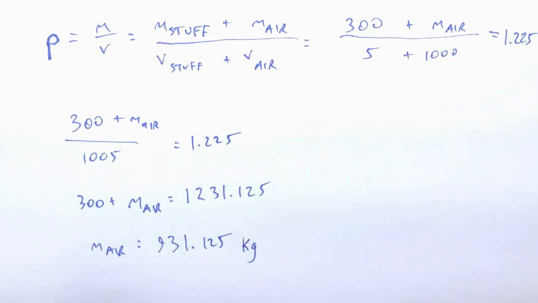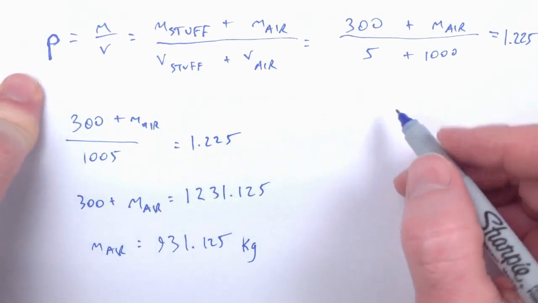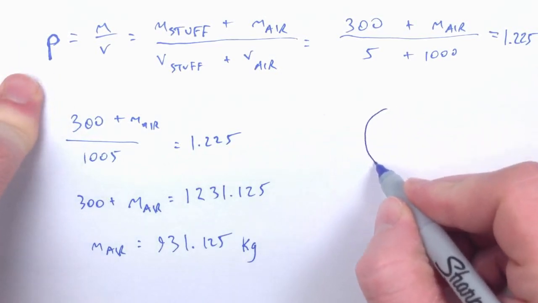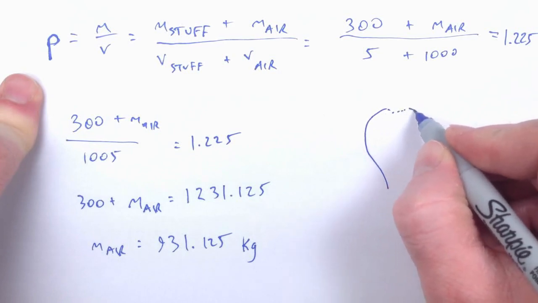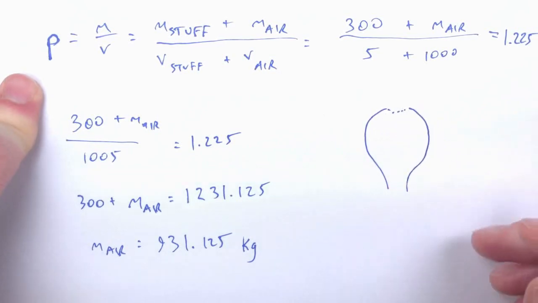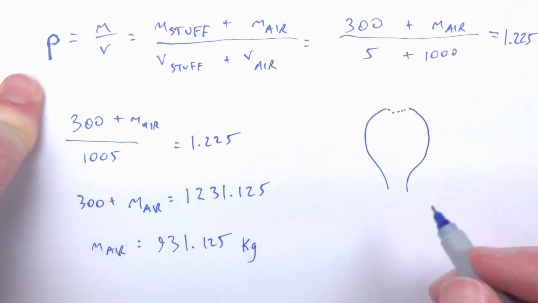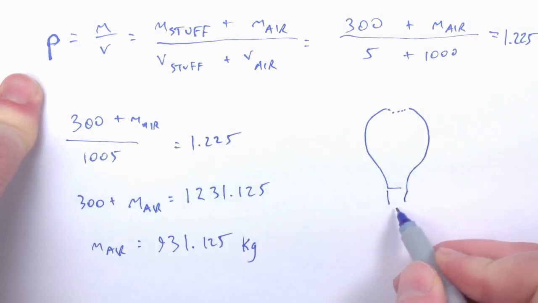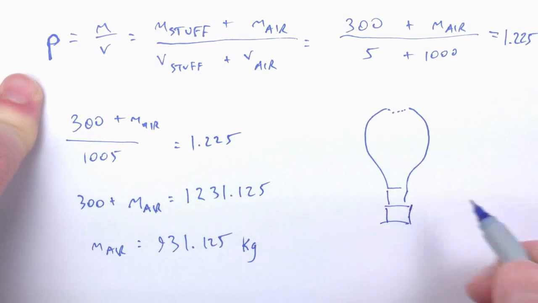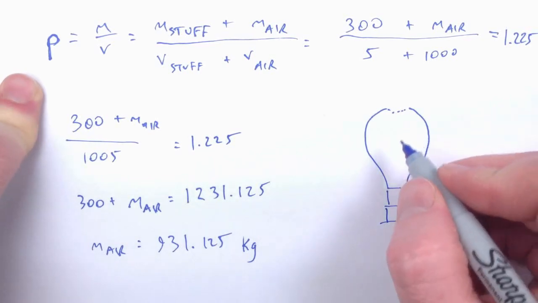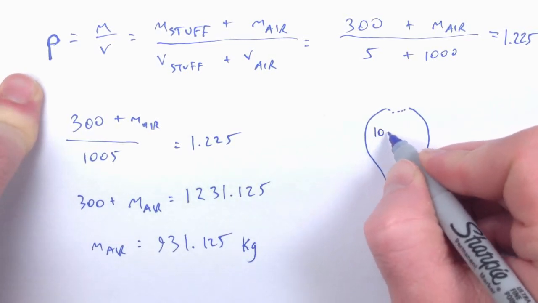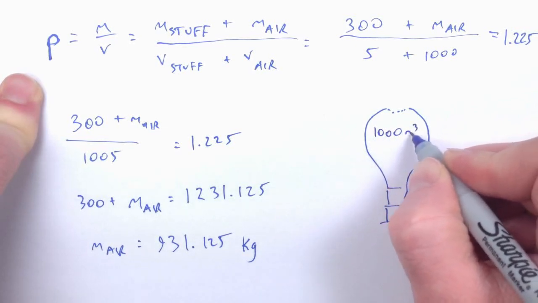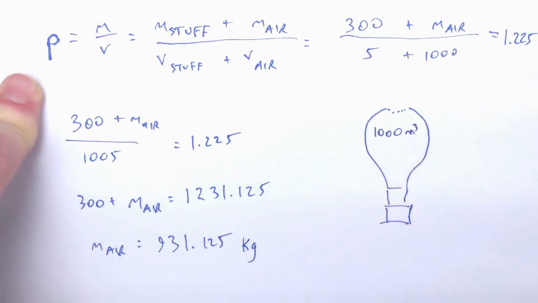Okay, so in order for this balloon to float, I don't know how many times I'm going to have to draw a hot air balloon. If I were doing this on a board, I could just edit the drawing I had already made, but I can't do that. All right, so basically, in order for this hot air balloon to float, this volume is going to be 1,000 cubic meters. Can't do anything about that. That's just the size of the balloon.